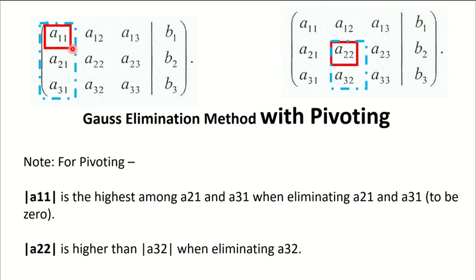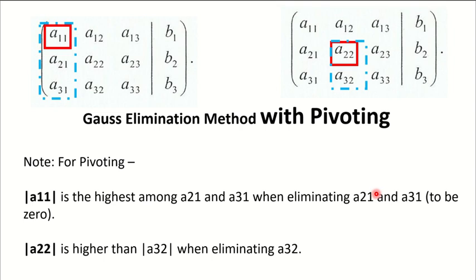After we complete this stage, we need to ensure that A22 is higher than A32 if you only have three equations in this case. But if you have more, you need to ensure A22 is the highest.